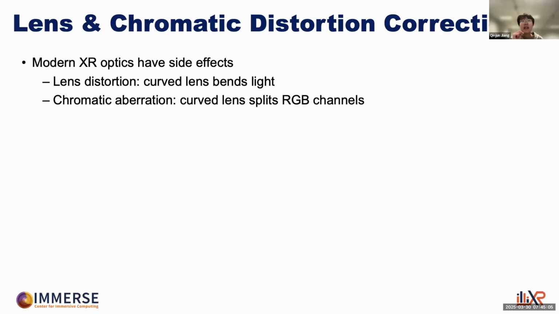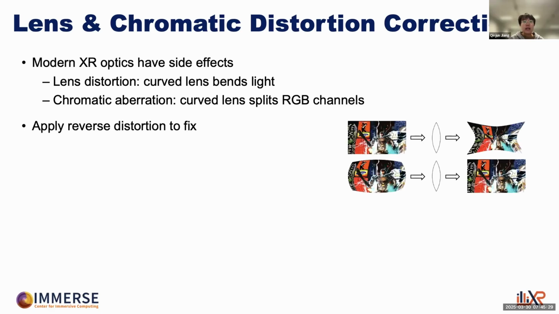Another kind of distortion is chromatic aberration, where the curved lens splits the RGB channels. So instead of seeing a single color, you would see a spectrum of red, green, and blue. And this could be pretty disturbing to the users.